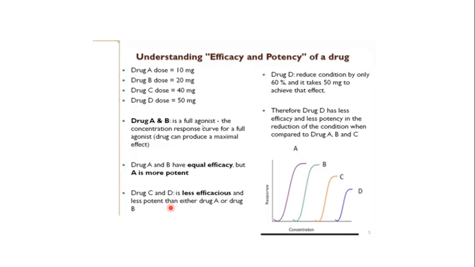Now, if you talk about drugs C and D, they are less efficacious, because they are generating a low response or a low efficacy, and they are less potent than either drug A or drug B. For example, if this is 50% and this is 30%, to get 50 and 30% efficacy, you need a dose of 40 mg for drug C, and a dose of 50 mg for drug D. What this means is that efficacy refers to the response that you note, and potency is the amount that is required to achieve that particular efficacy.